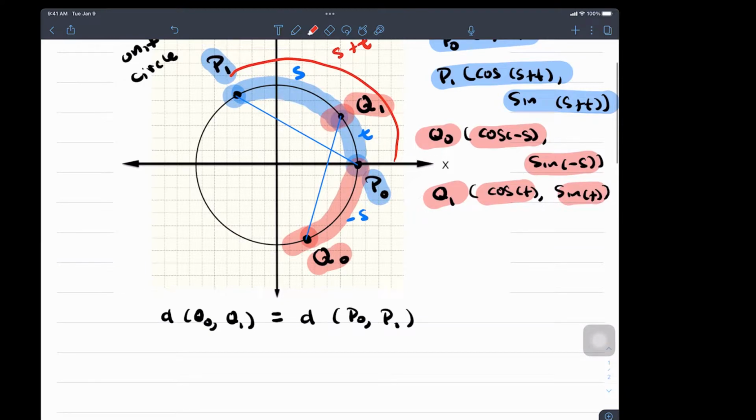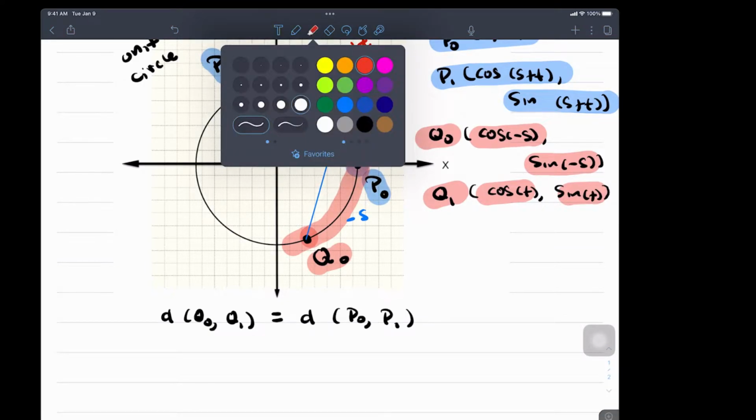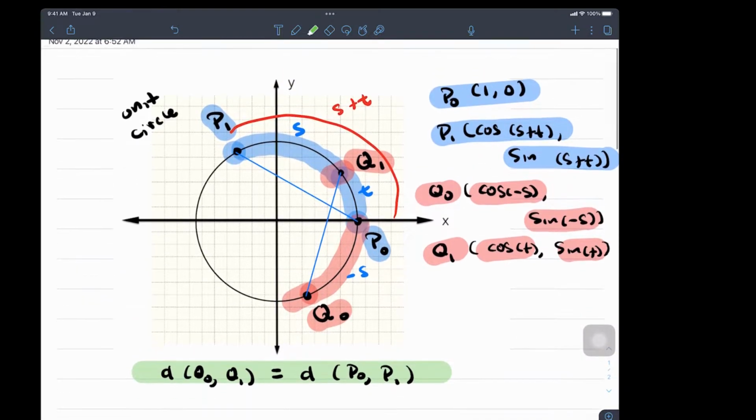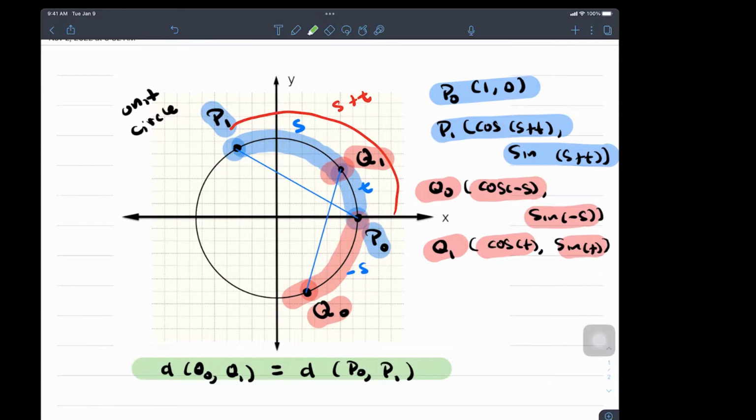So these distances are equal. You say, how could that be? Well, because from geometry, these are called chords of equal length, and so chords of equal length have equal distances. In other words, these are the same here.